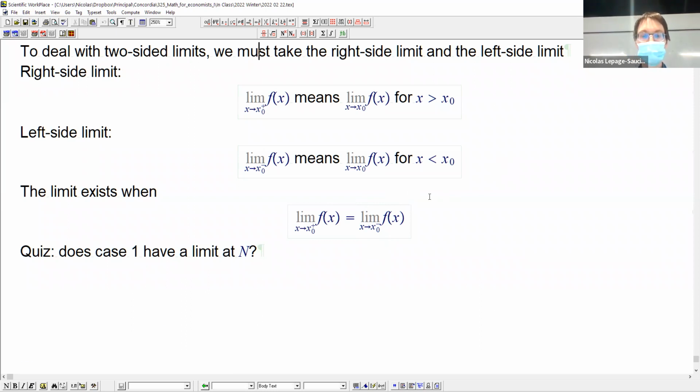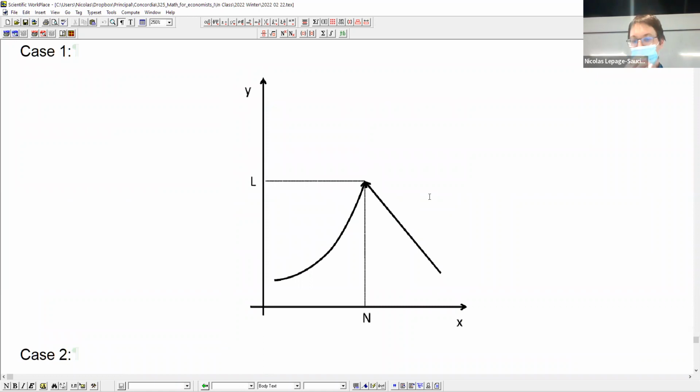Okay, and here is again case one. So do we have a limit at n?